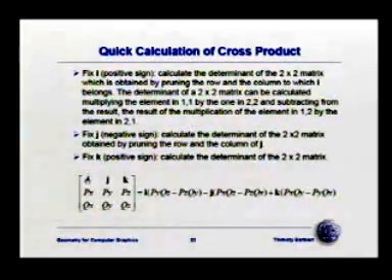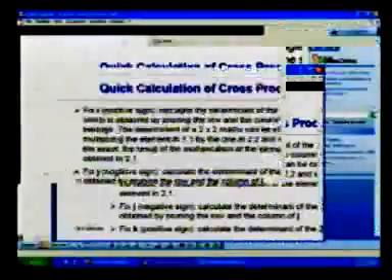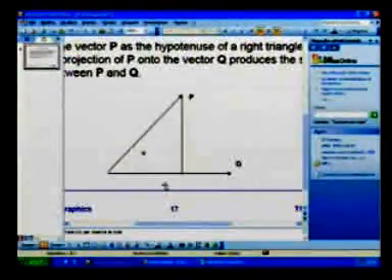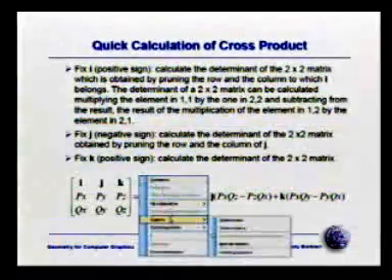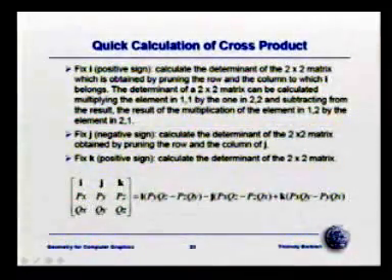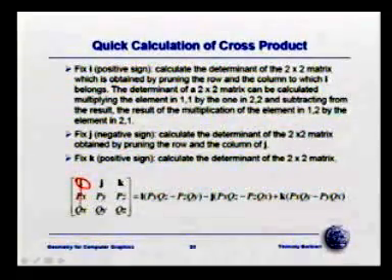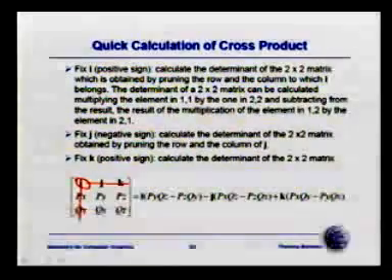So you take away the first column and the first row, and as you can see, you form a pseudo-submatrix of which you calculate its determinant.